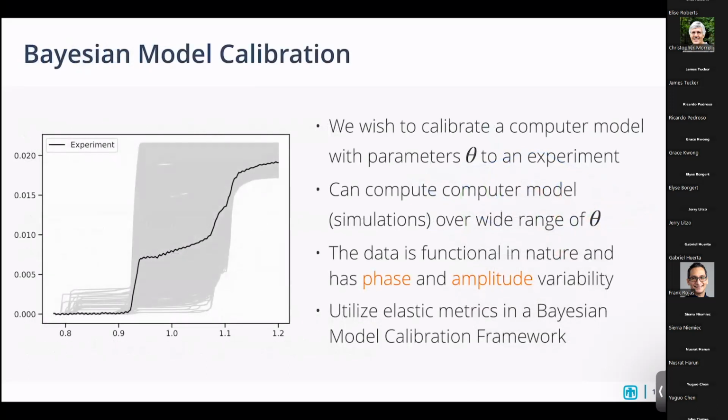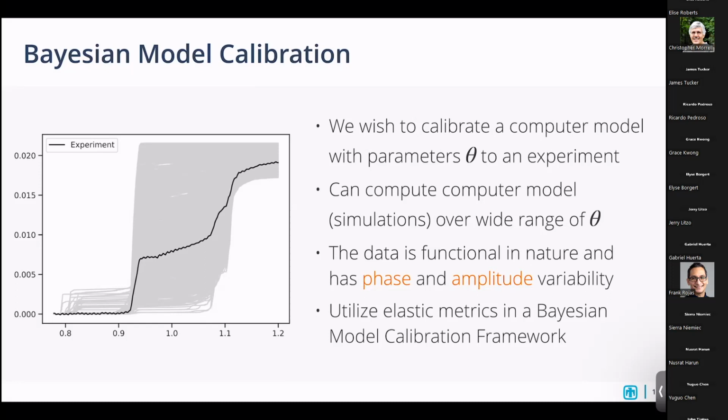Utilizing these elastic metrics, I want to get into Bayesian model calibration. We wish to calibrate a computer model with parameters theta to an experiment that we've done. We can compute the computer model, these simulations, over a wide range of theta. In a lot of cases here at Sandia National Laboratories and across the national laboratories, the data is functional in nature, so the data has phase and amplitude variability.